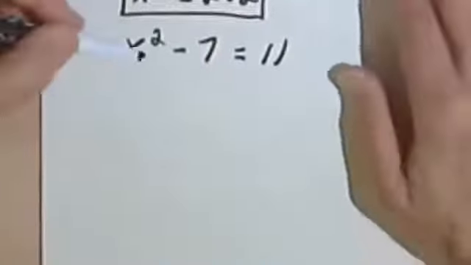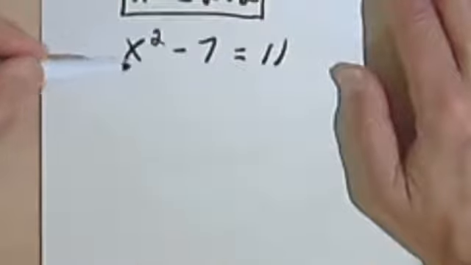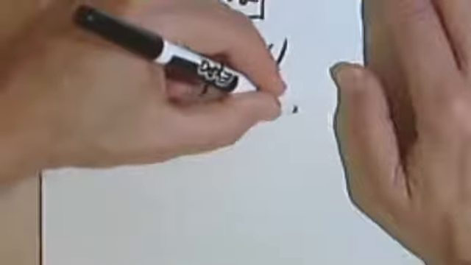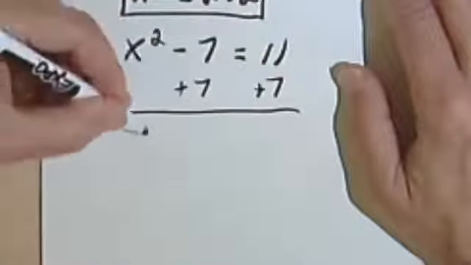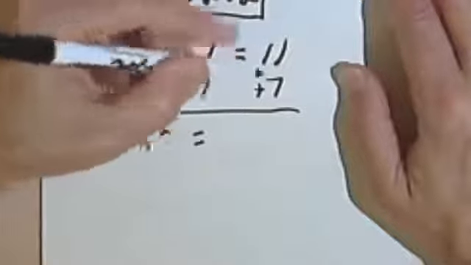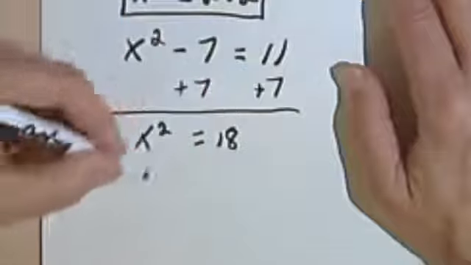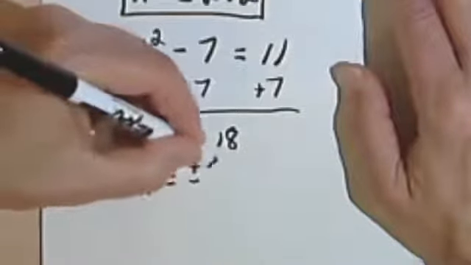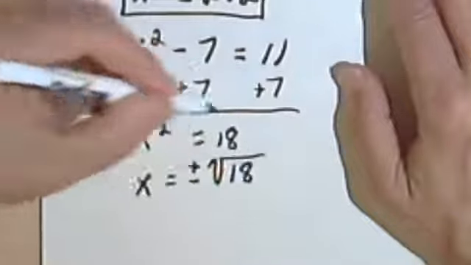Okay, here's another one. x squared minus 7 equals 11. I want to isolate my variable, so I'll add 7 to both sides. On the left side, I just get x squared. On the right side, I've got 11 plus 7 is 18. So x is going to equal the positive and negative square roots of 18.